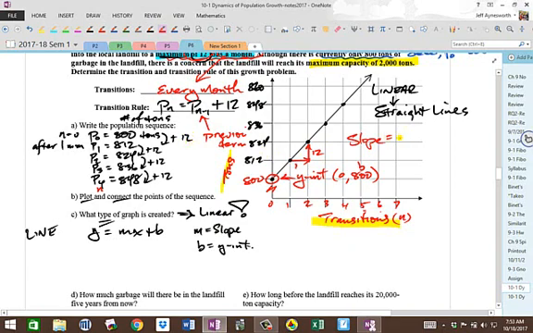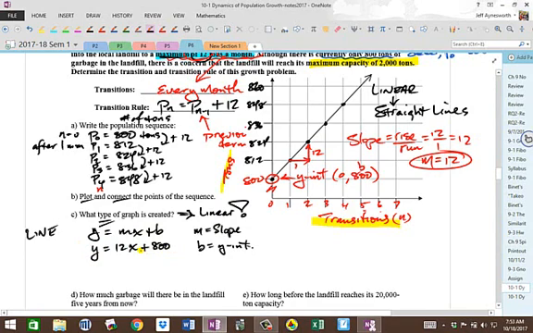So slope, rise over run, in this case, is 12 divided by 1, or 12. And that's, in terms of y equals mx plus b, the m value. So we know what m is, we know what b is, and so we can write the function. So y equals 12 times x plus the y-intercept, which is 800.